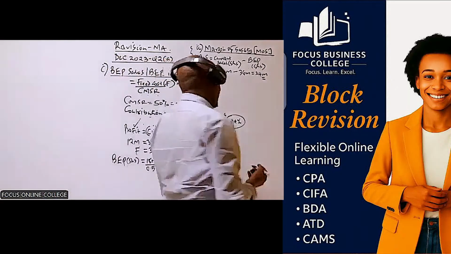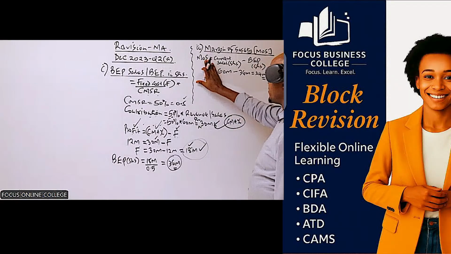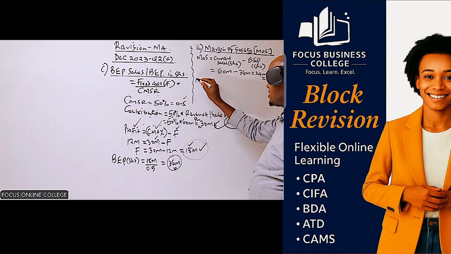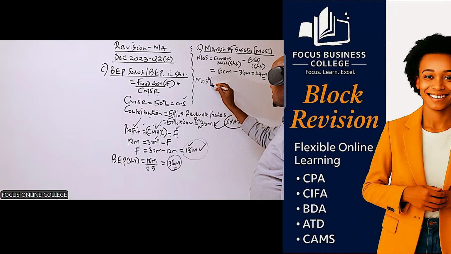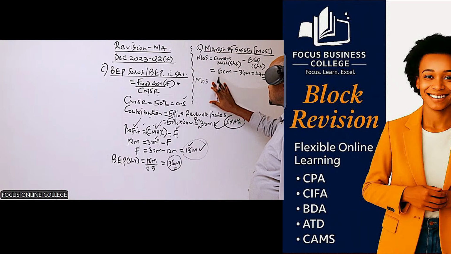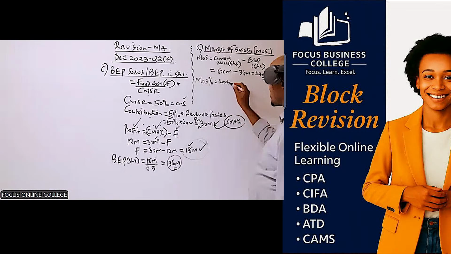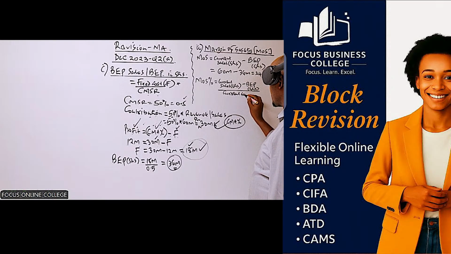Remember, we say that this margin of safety can also be computed as a percentage. How do we compute it? The margin of safety as a percentage is equal to the current sales in shillings, less the break-even point in shillings, and then we divide all that with the current sales, still in shillings.